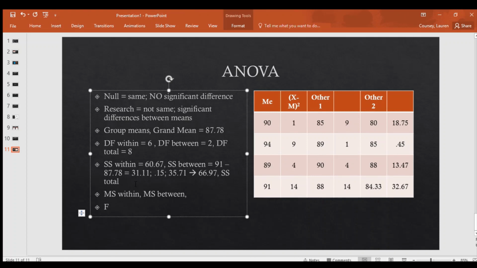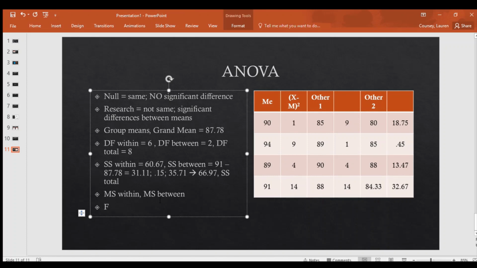If I wanted my sums of squared total, I would simply add these two values together, my sums of squared between of 66.97 plus my sums of squares within of 60.67. But what I'm going to jump to is calculating my mean square within and my mean square between.